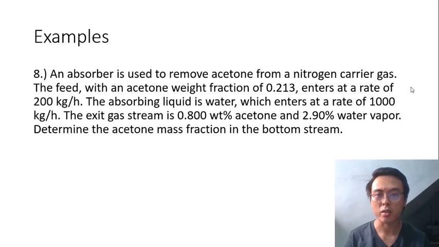The exit gas stream is 0.8 weight percent acetone and 2.9% water vapor. We are also assuming that this is weight percent. Okay? Determine the acetone mass fraction in the bottom stream. So we want to determine the mass fraction of acetone in the exiting liquid stream. That's what we mean by the bottom stream.